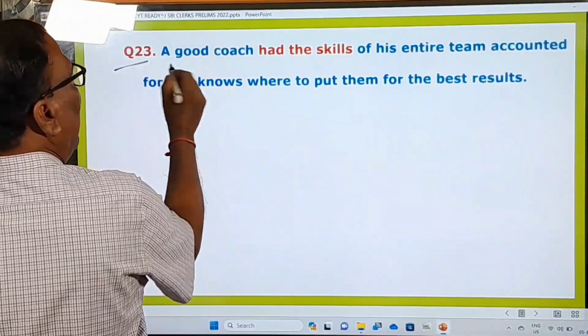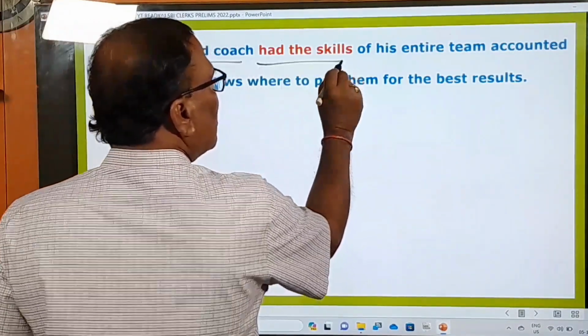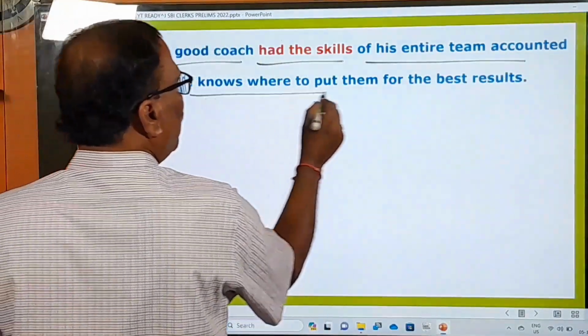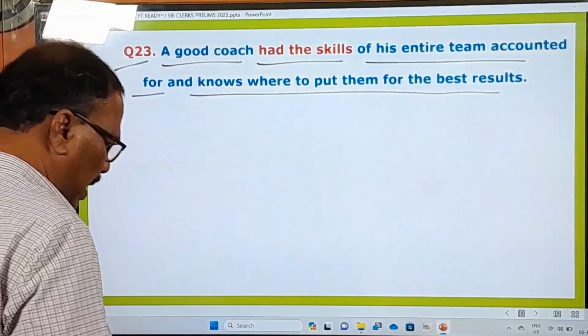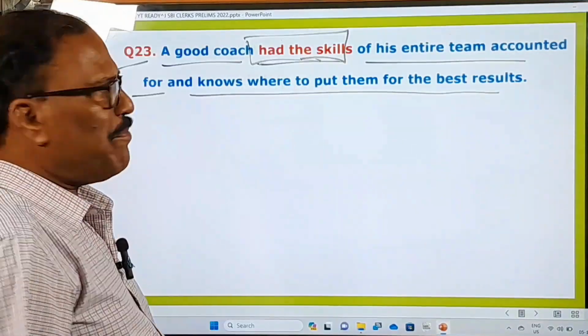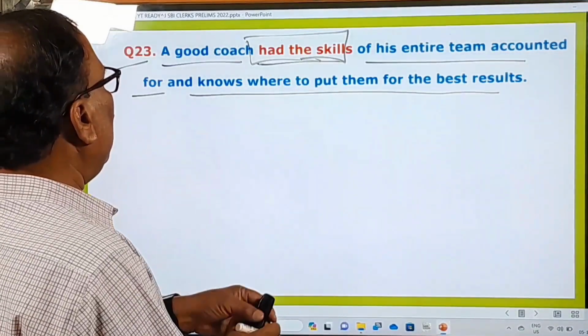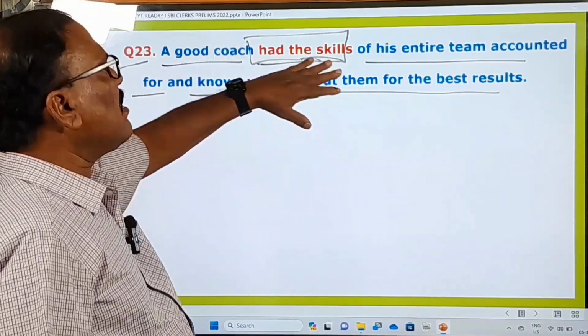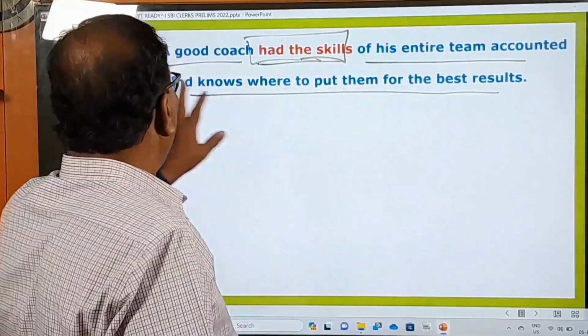23rd question is there. A good coach had the skills of his entire team accounted for and knows where to put them for the best results. So here this part is put in bold, and let us check whether it is grammatically correct or wrong. A good coach had the skills of his entire team, okay, accounted for and knows.